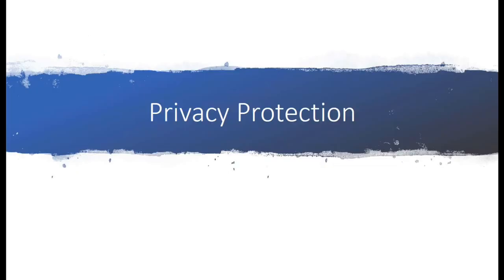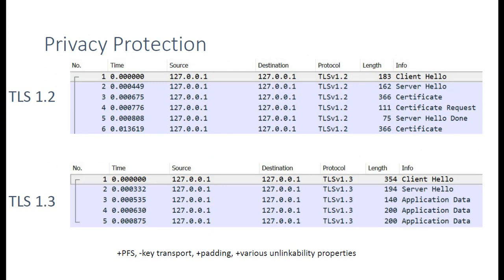But let us look at the new features introduced in TLS 1.3, and the added privacy protection is most likely the first thing that comes to mind. Here are screenshots of Wireshark traces of TLS 1.2 and 1.3. As mentioned earlier, the TLS 1.3 handshake mostly consists of encrypted messages.